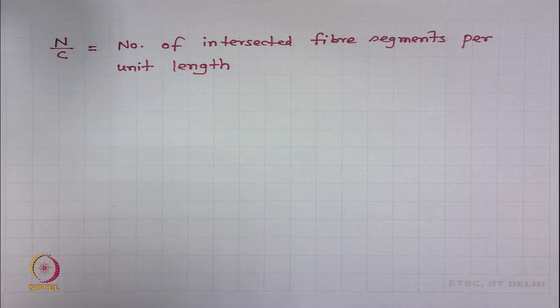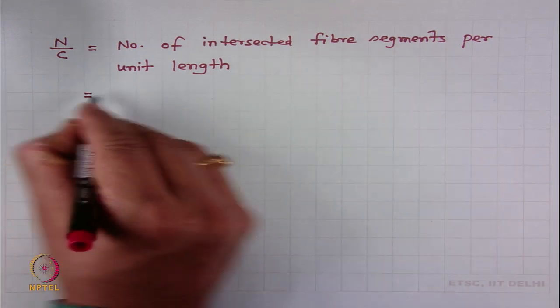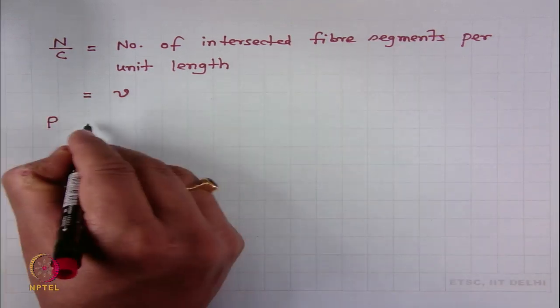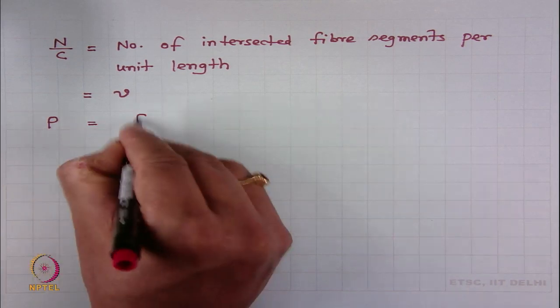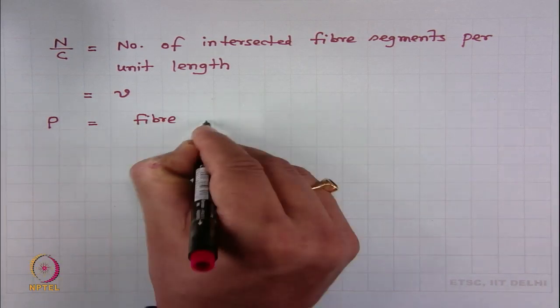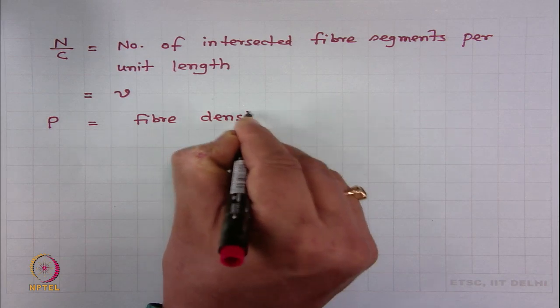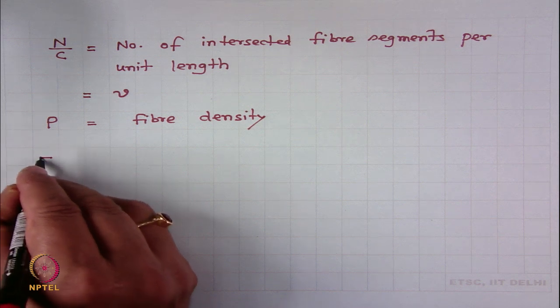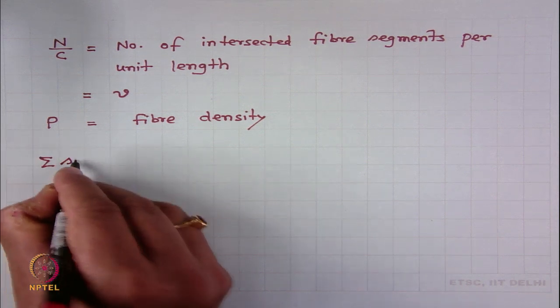Let us give a new symbol for that, nu, and rho is the fiber density. And what is this one?